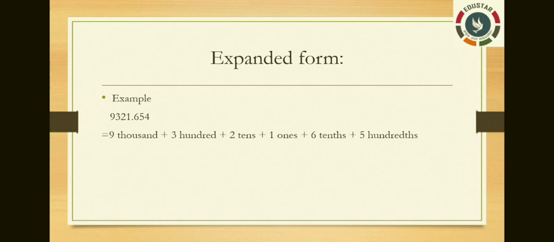What is the place value of 6? 6 tenths. What is the place value of 5? 5 hundredths. What is the place value of 4? 4 thousandths. So it can be written as 9000 plus 300 plus 20 plus 1 plus 6 by 10 plus 5 by 100 plus 4 by 1000.